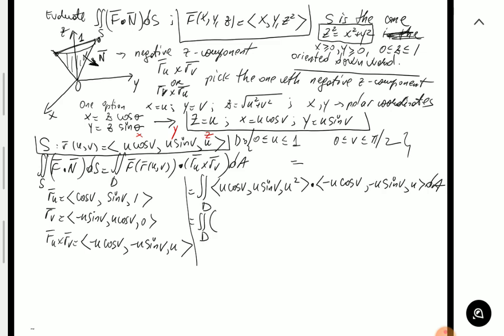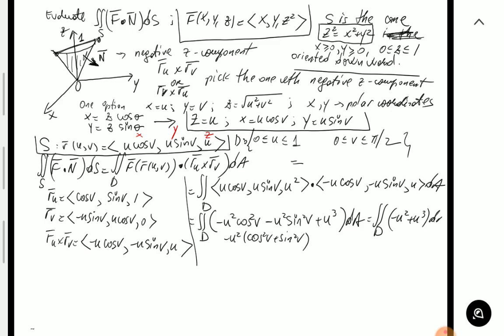The dot product is minus u squared cosine squared v, minus u squared sine squared v, plus u to the power 3, dA. Pull out the negative u squared and perform another simplification, and it actually ends up being the double integral of minus u squared plus u cubed dA.